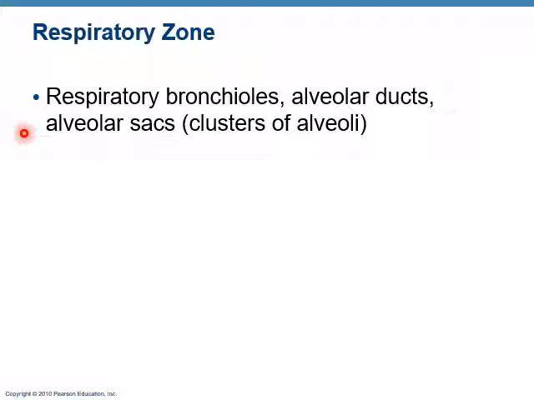So you've got primary, which are big and thick, about the size of your thumb. Okay. Then you've got secondaries that are smaller. Then you've got tertiaries, which is the next branch down. And then you've got respiratory bronchioles, okay? Alveolar ducts, and then alveolar sacs. Those are kind of like little grape clusters at the end of the respiratory bronchioles.